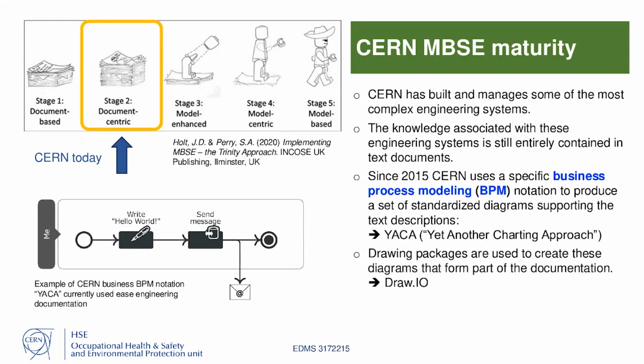In MBSE, there is a maturity model that was published by Holt and Perry in 2020, where you can classify an organization into 5 stages, going from a purely text-based document organization, stage 1, to a model-based organization, stage 5. And CERN presently is stage 2, document-centric.